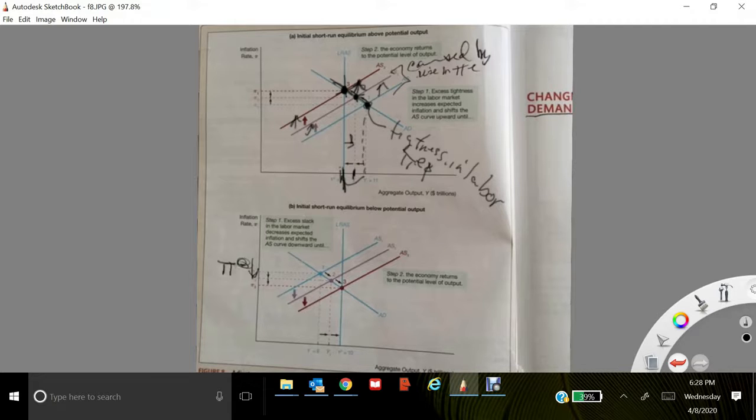Okay, we didn't have a shift in the demand curve, but at this point the supply curve would not have any reason to shift.